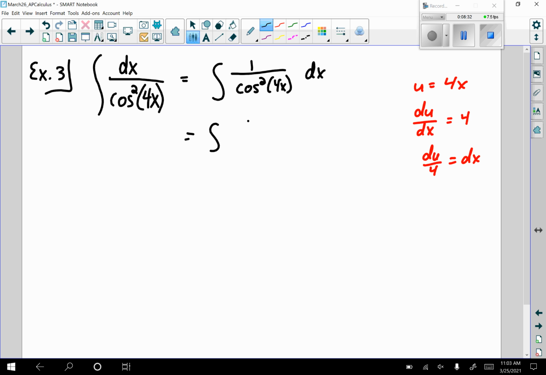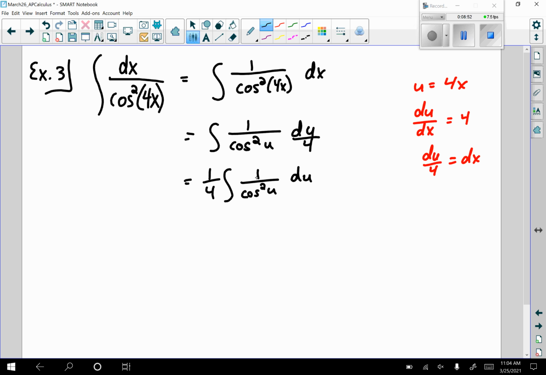So now I'm going to get the integral of 1 over cosine squared u, and then we'll have du over 4. So I'm going to pull the 1/4 out, and then we have 1 over cosine squared u times du.